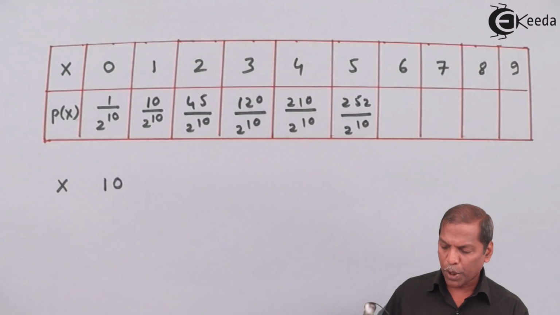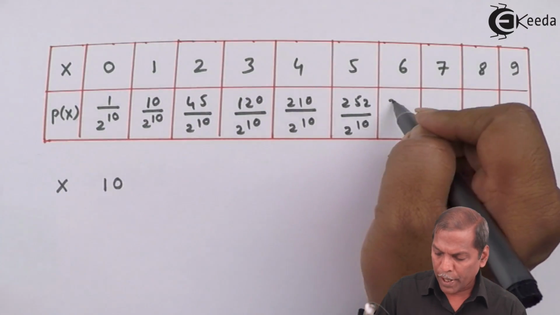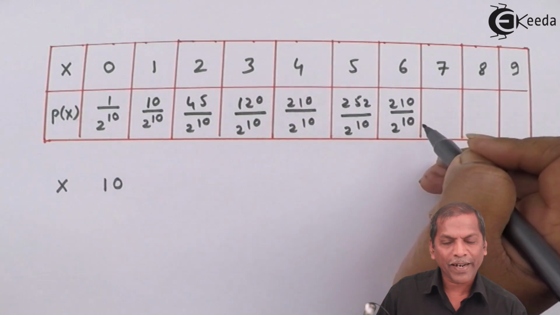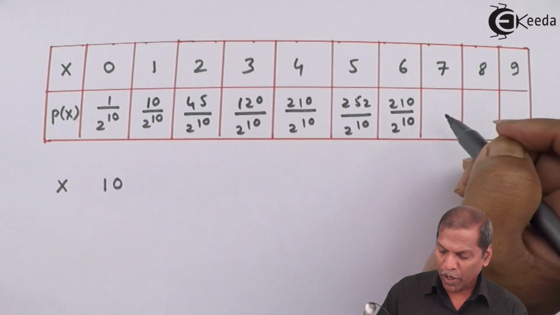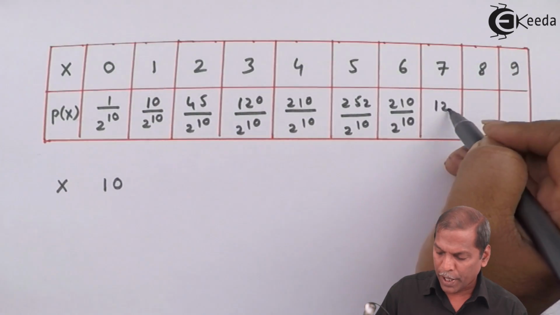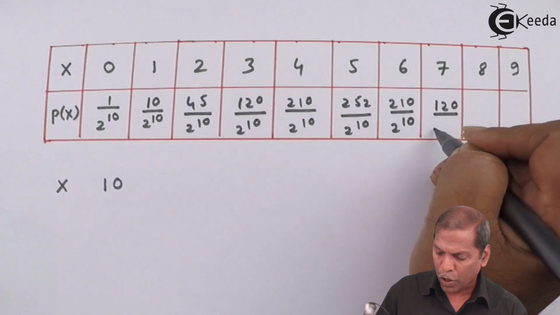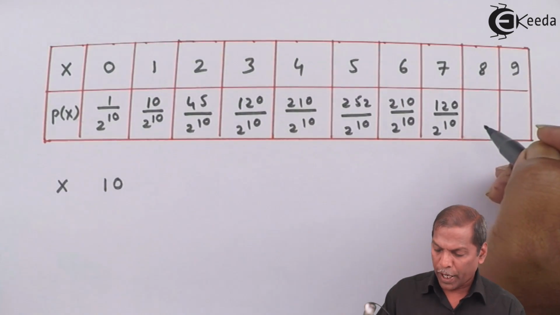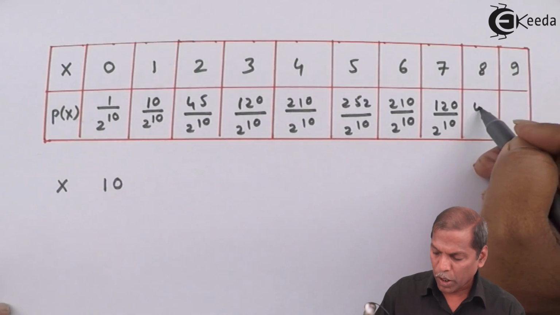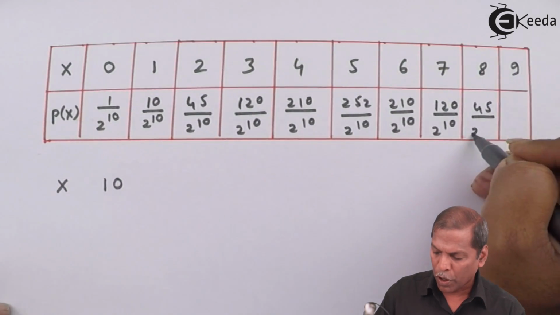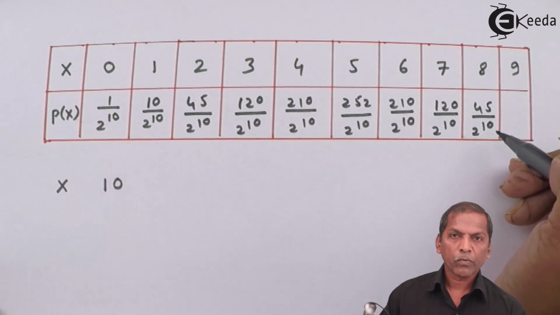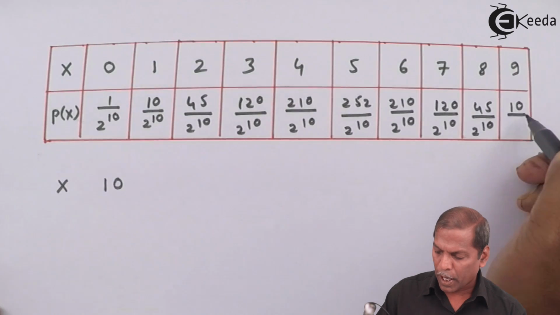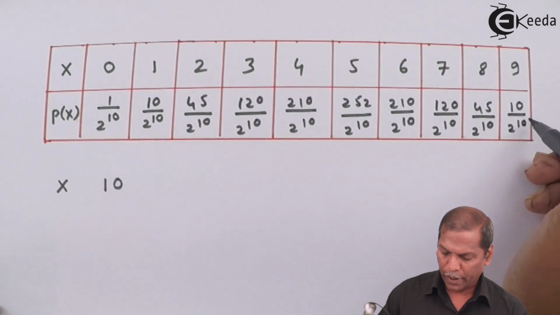For x equal to 6, we have probability 210 upon 2 raised 10. For x equal to 7, 120 upon 2 raised 10. For x equal to 8, 45 upon 2 raised 10. For x equal to 9, 10 upon 2 raised 10.